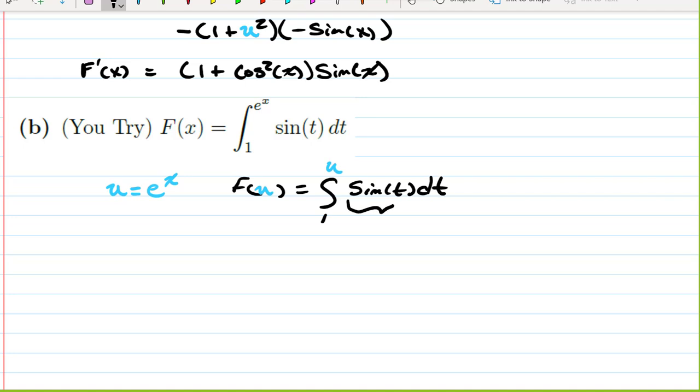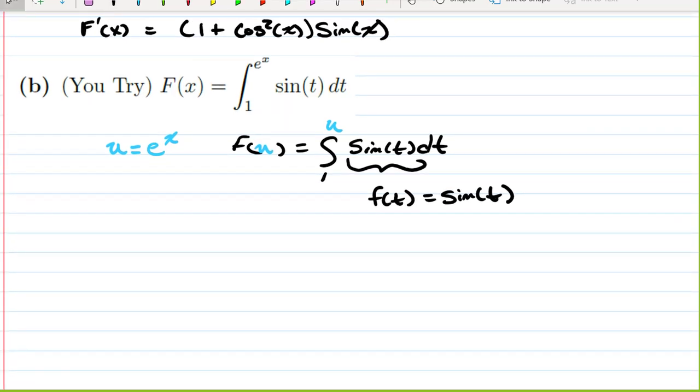So then we recognize that our little f of t is going to be sine t.